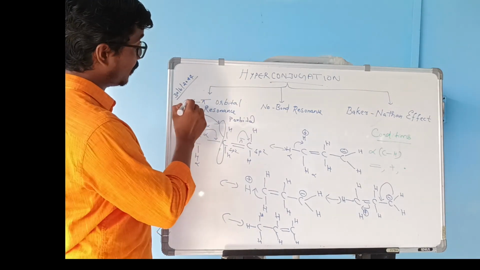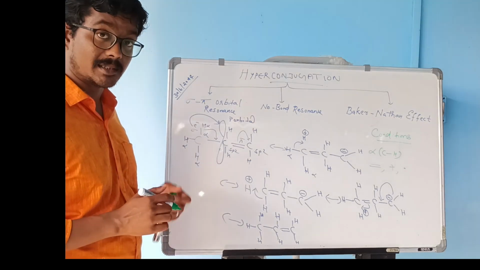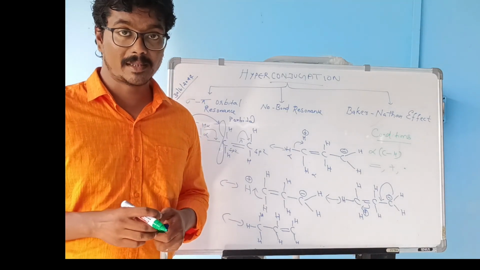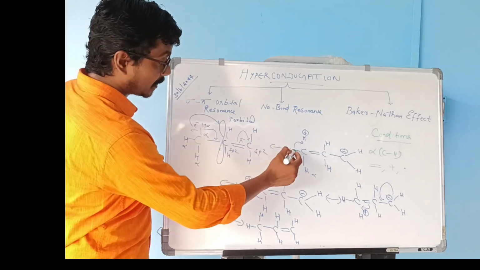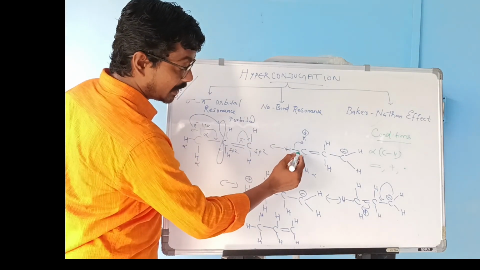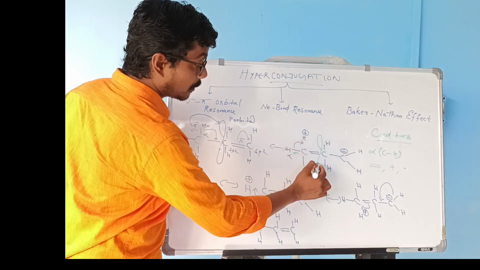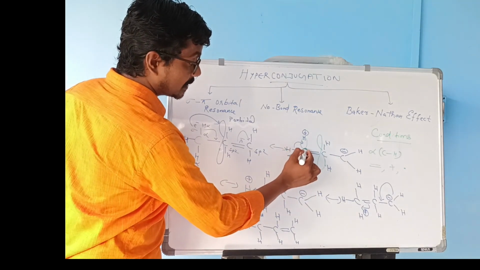And you may have a doubt about why it is called that. Now it is clear why it is called sigma-pi orbital resonance. Hyperconjugation is also called sigma-pi orbital resonance because the sigma electrons between the alpha carbon and alpha hydrogen overlap with the p orbital. The sigma orbital is like this.